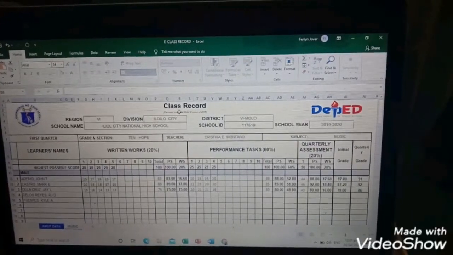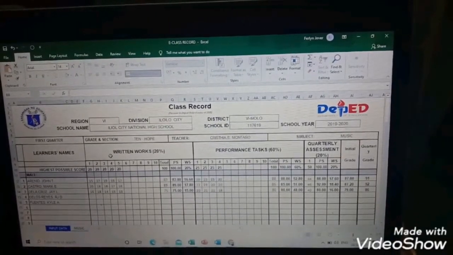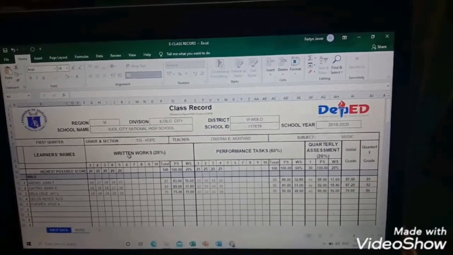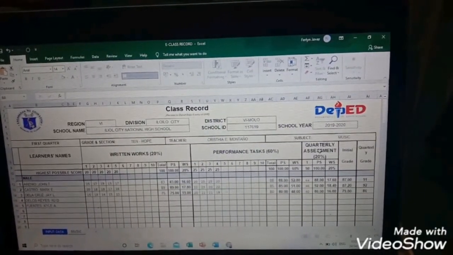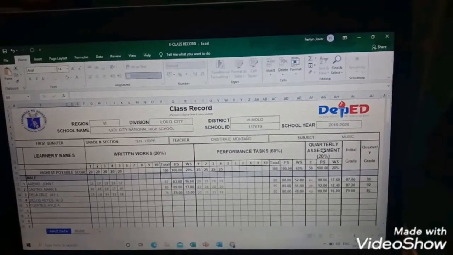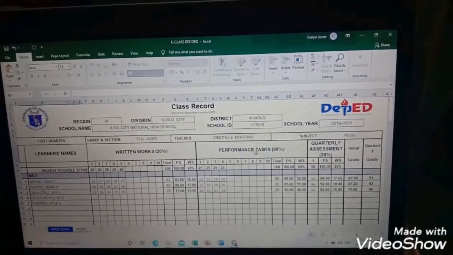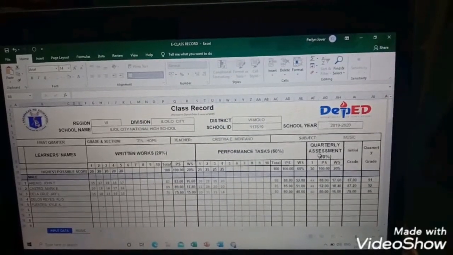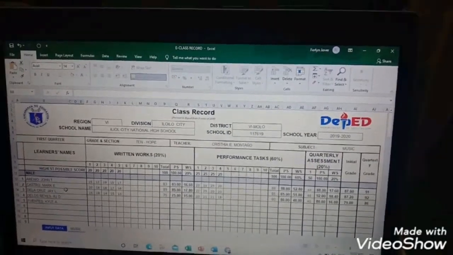E-class record of music. There are three components. First, the written works. Second, the performance task. Third, the quarterly assessment. Written works has 20%, performance task has 60%, and quarterly assessment has 20%.